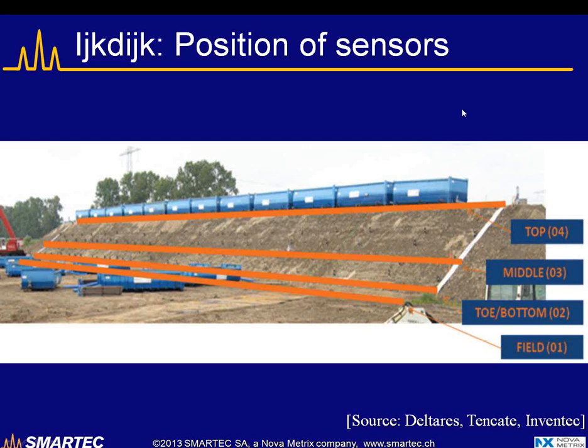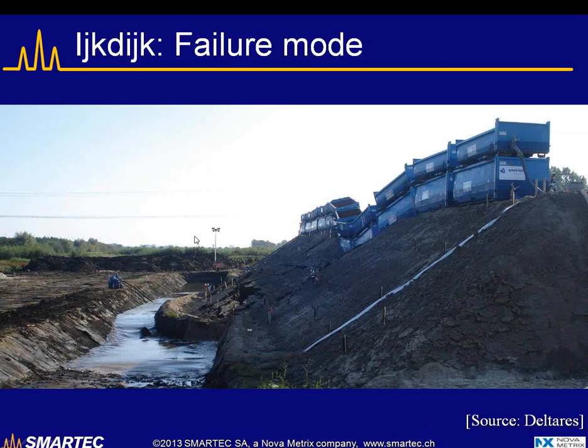As you can see in this slide, this is the end state of the test, where a large part at the center of the levee has failed and created a very large settlement in the center and a very large movement of earth towards the dry side of the levee.